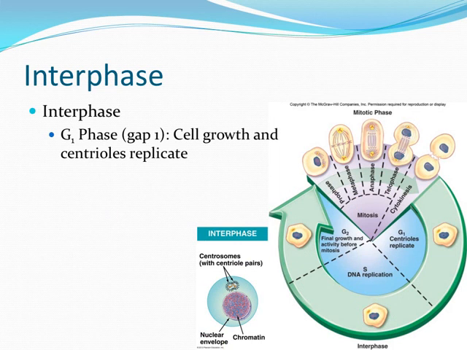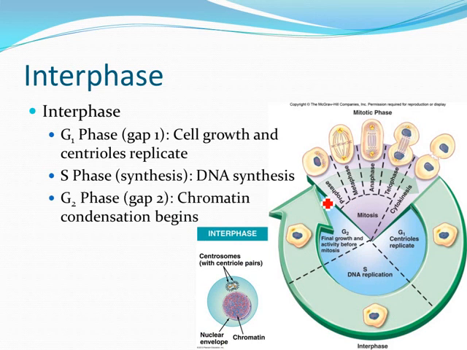DNA, for DNA replication. Very good. And G2, more growth happening. At this point in time, chromatin condensing begins. I would say let's save that more for prophase, okay? But basically, in G2, once again, it's growing in preparation for cell division.